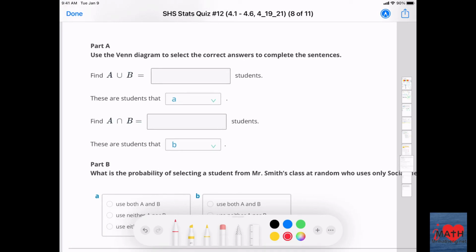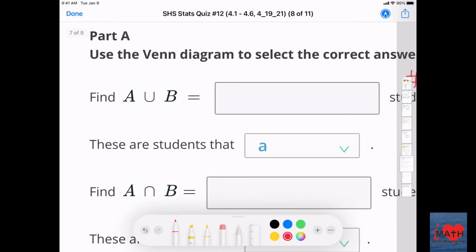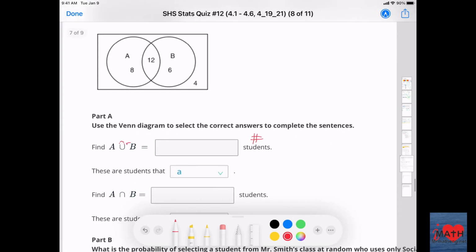No, you were just asked to find the number of students. Number of students here. Okay, so if you just have A, remember this one, union, or A or B. So A has how many?